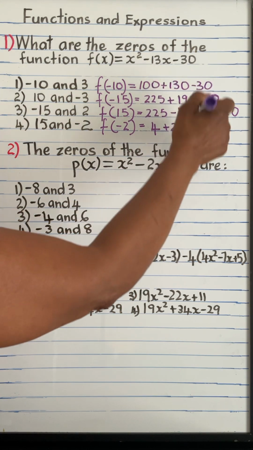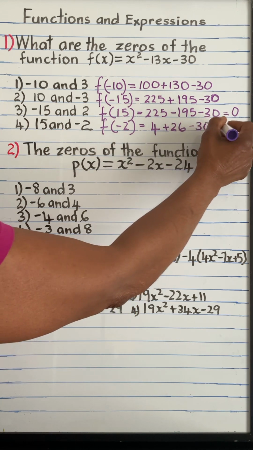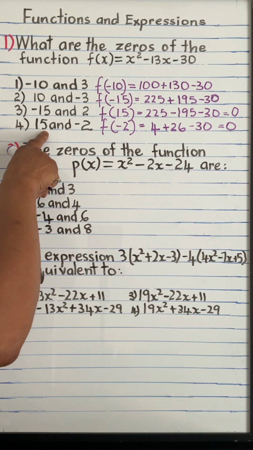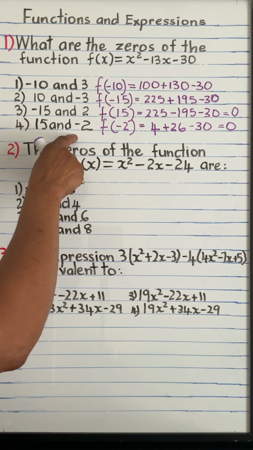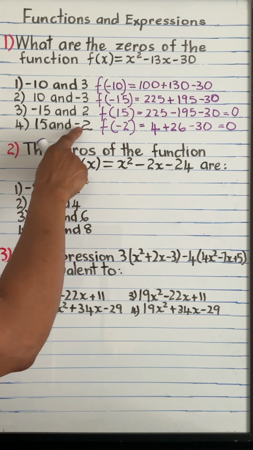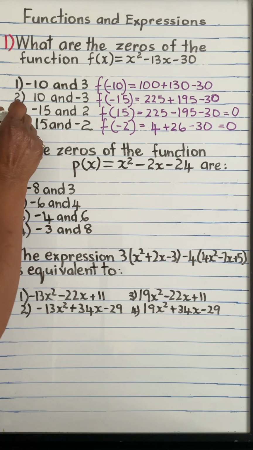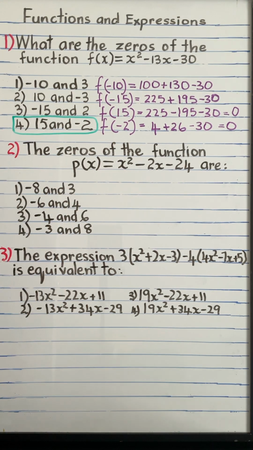And we have this minus 30. And this simplified is equal to 0. So we know that option 4 or choice 4 is the correct zero values. So we just go ahead and circle this, our correct option.